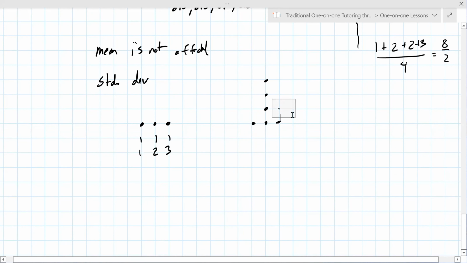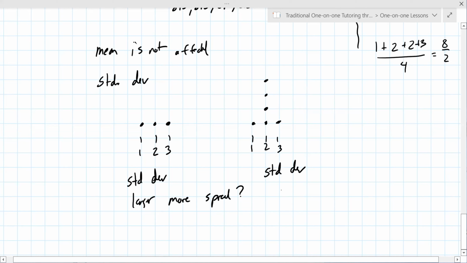Sorry, that's not a point right there. Which has more spread? The one on the left. That's right. So the standard deviation on the left is larger, and the standard deviation on the right is smaller, because more of the data is centered around the mean.